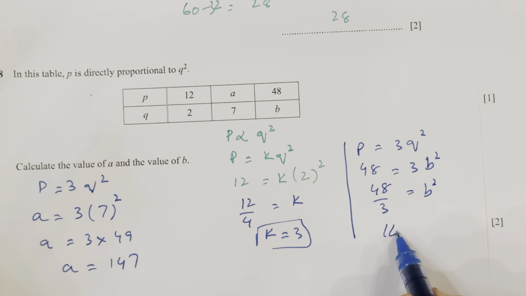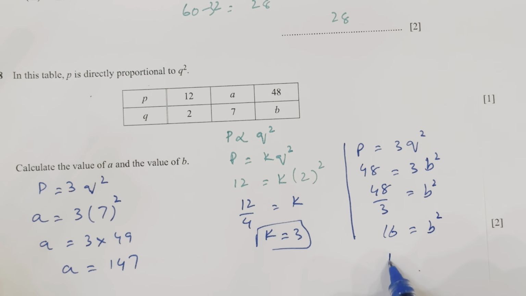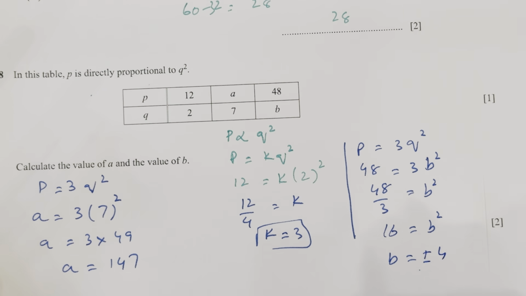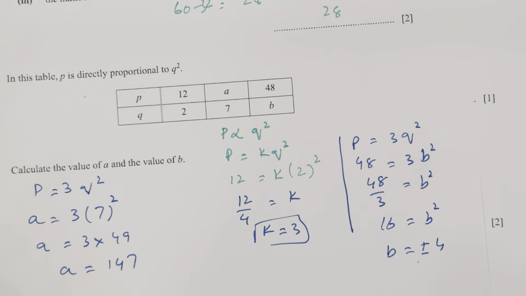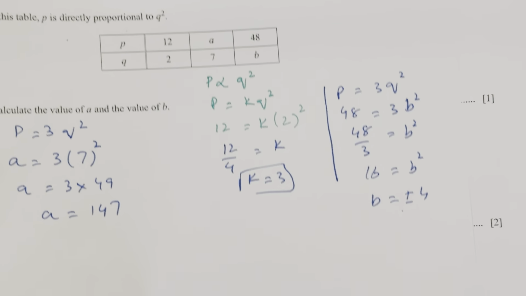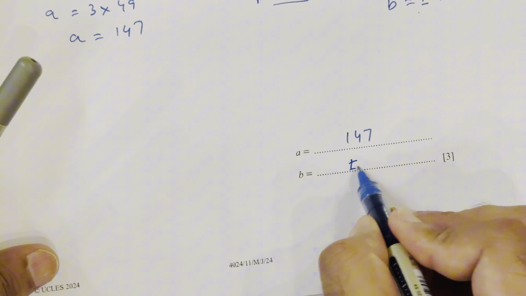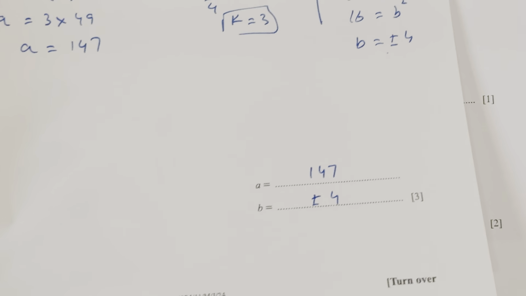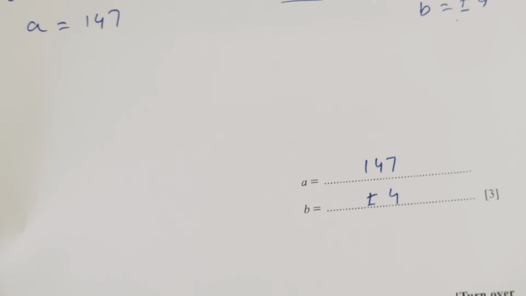It would be 16. Taking the square root, B would be plus or minus 4. So this was question number 18.